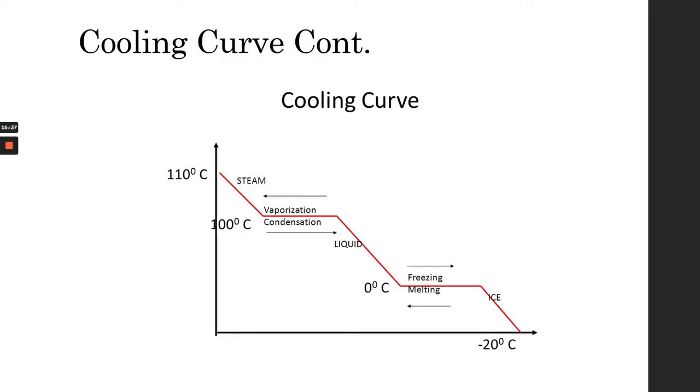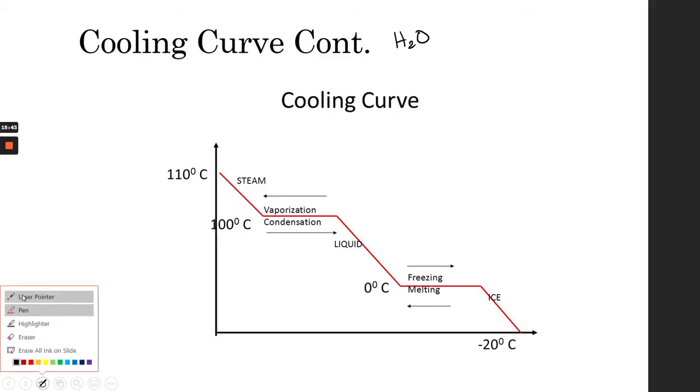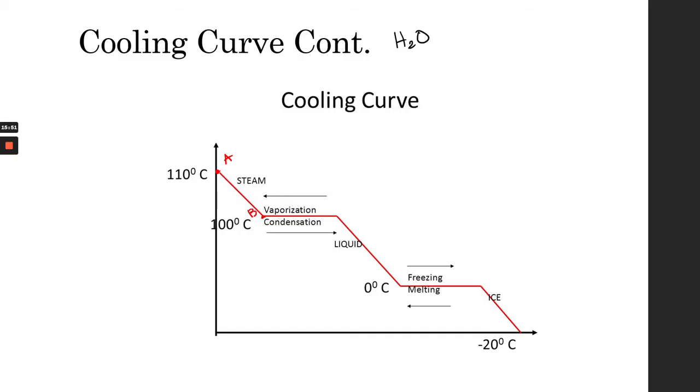So again, this is H2O, and to discuss this again, we're going to mark the points A to F. So this is point A, this is B, C, D, E, and F.